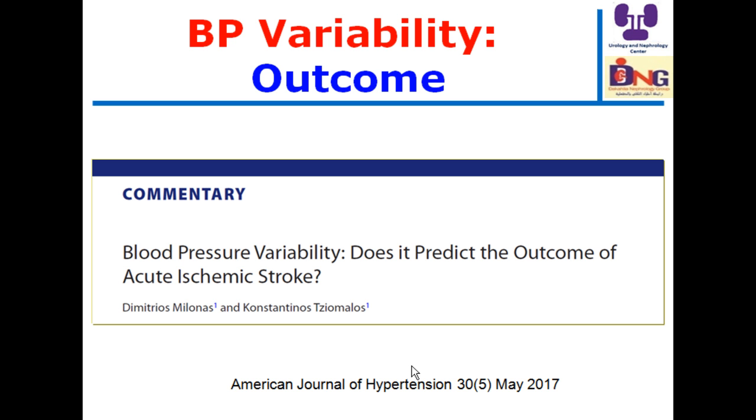However, larger studies are needed to confirm these findings. If this association is validated, interventional studies using antihypertensive agents with different effects on blood pressure variability are needed to clarify whether decreasing blood pressure variability will translate into better outcome.